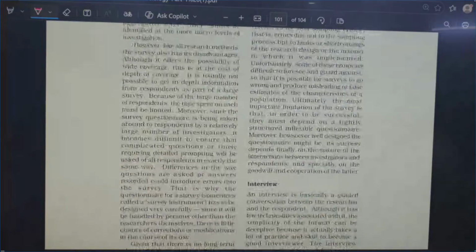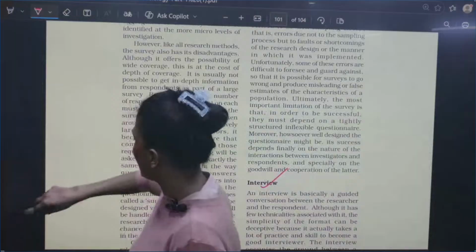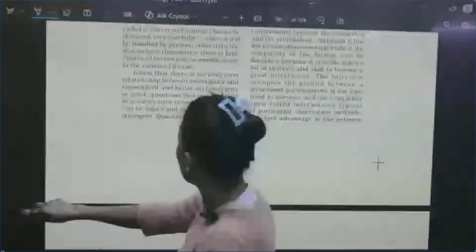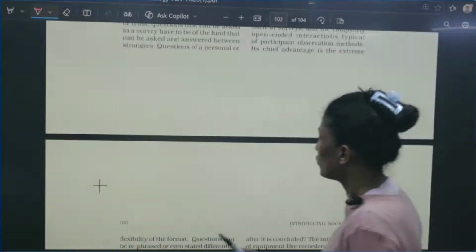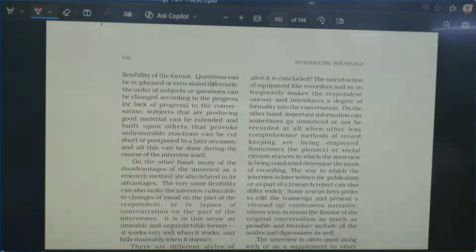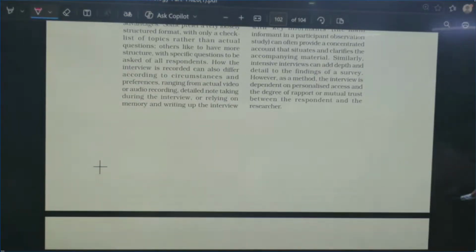Then you people please read the interview method because it will not help if I read it out. I mean, you people have to read it once. I am going to explain in Mains only. Okay. After just completing this topic, topics 2 and 3 we will discuss tomorrow. It will not be live.